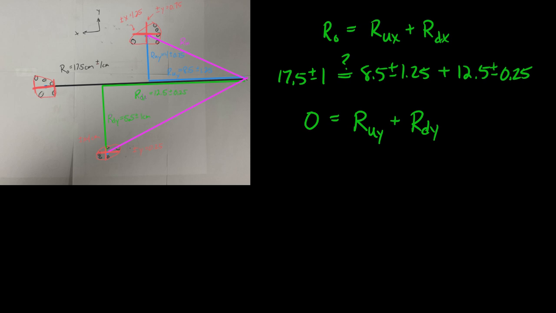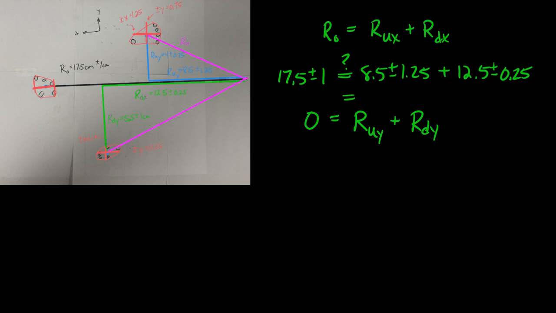Trying to see if they're in the range. Now, I don't think they are. Because the way I'm supposed to do error is you don't actually add the errors together. When you're adding, the largest one wins. But I don't care if you add them together or not.